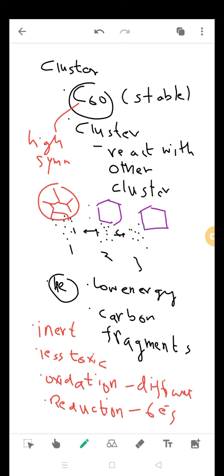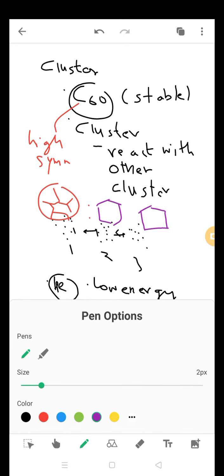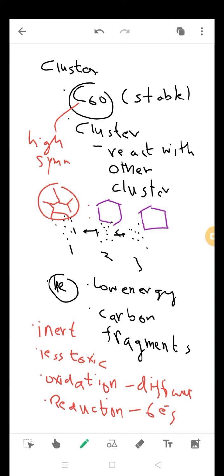So in the C60 molecule, there are basically 20 hexagons and 12 pentagons. They make up the C60 molecule.